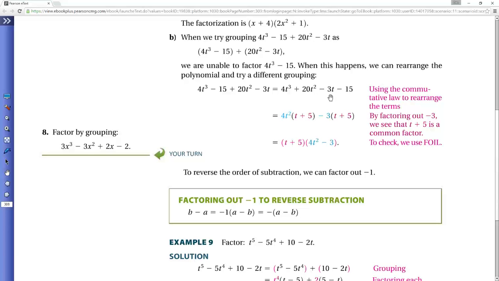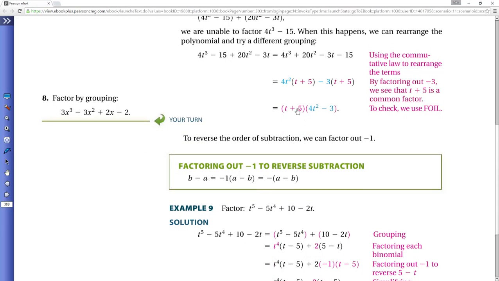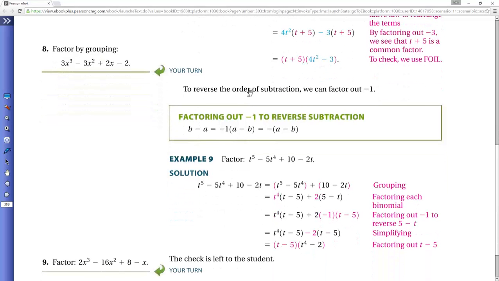Remember that if I took out a negative 3, which is what they did here, they took the minus 3 out, or the plus a negative 3, and then I get positive t plus 5 again. The goal here is to find the strategy to match up these things so I can continue to use the distributive law and factor this thing. Okay? And that's what they're saying here: factoring out a negative 1 to reverse subtraction.